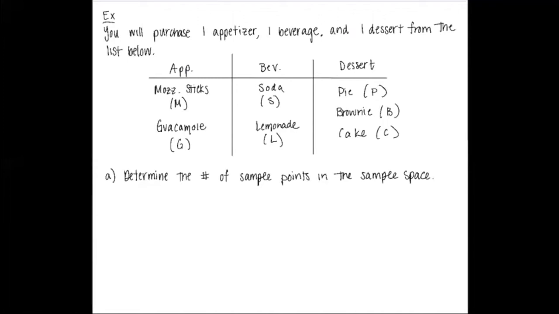For the appetizers, 2. How about for beverages? 2. And desserts? 3. So what do you think we do with these numbers? We multiply them. So the number of outcomes is 2 times 2 times 3, which will be 12. So basically you have 12 menus you could create from these possibilities.